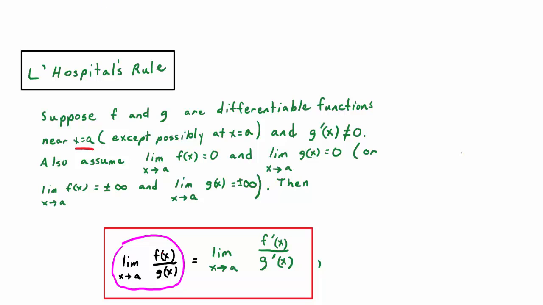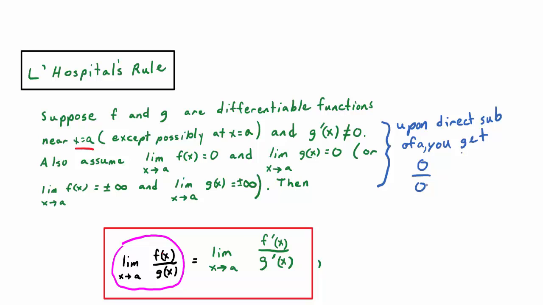So what all this is saying in more simple language is, upon direct substitution, and I'll talk more about what that means in a second, upon direct substitution of a, the value that x is approaching, you get either something of the form 0 over 0, which is not necessarily undefined.